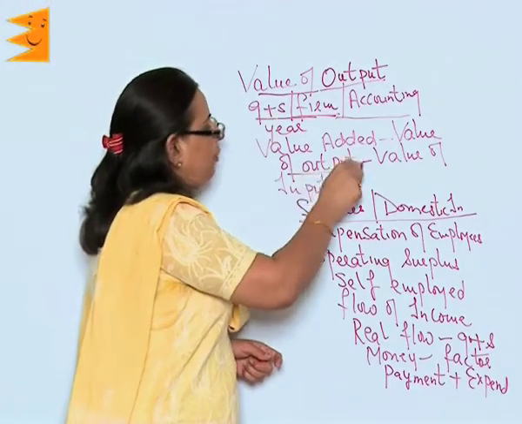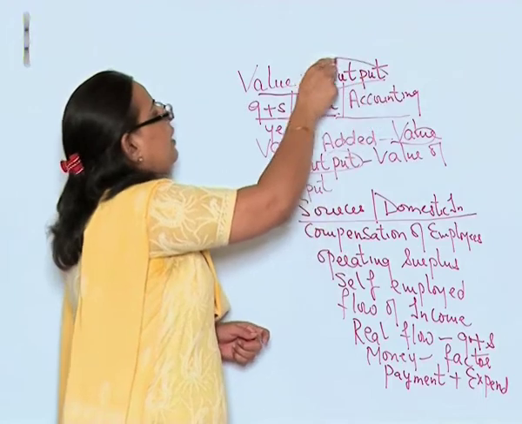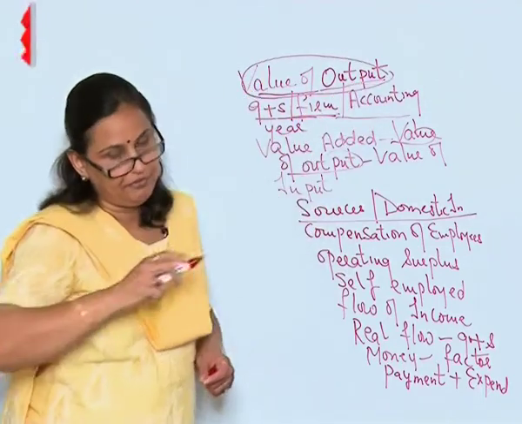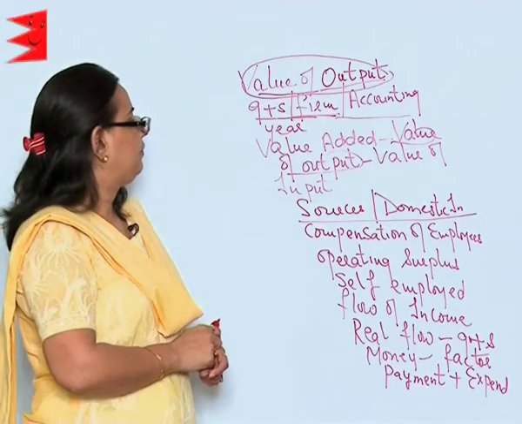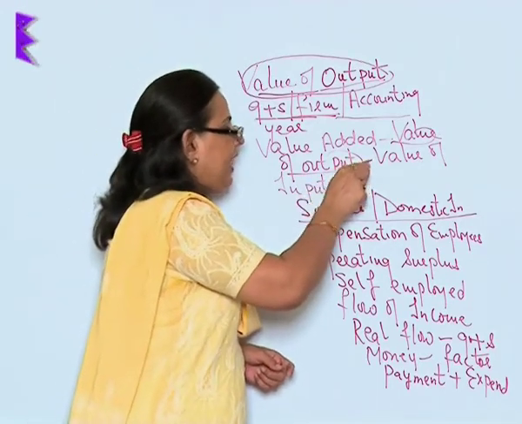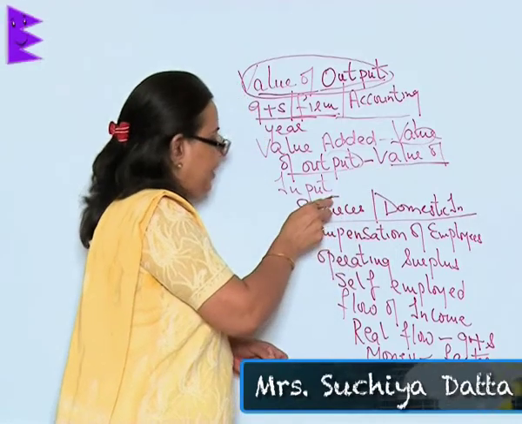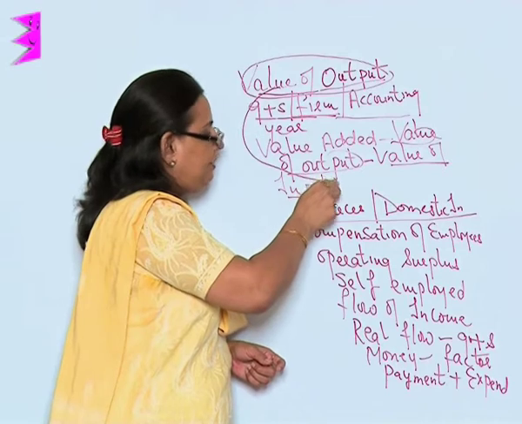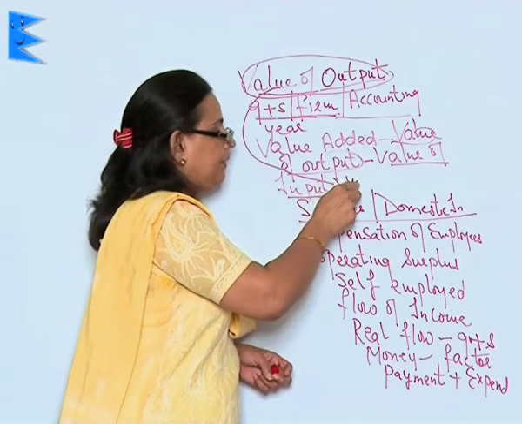Value of output, as I said, means all the goods and services produced in a firm in a particular year, minus the value of input. Input means whatever had been bought by a firm in a year.